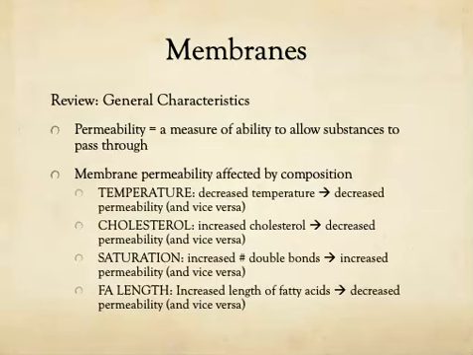Now, when we talk about saturation of the tail region, we're talking about the presence or the absence of those double bonds between carbon atoms in the hydrocarbon portion of the tail. Remember, each one of those phospholipids has two tails, and the tails are fatty acids.